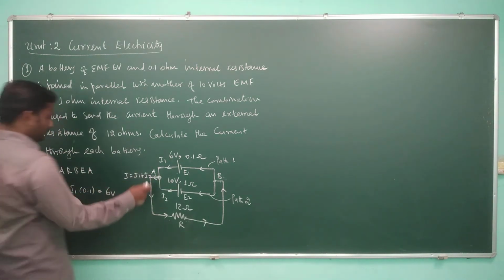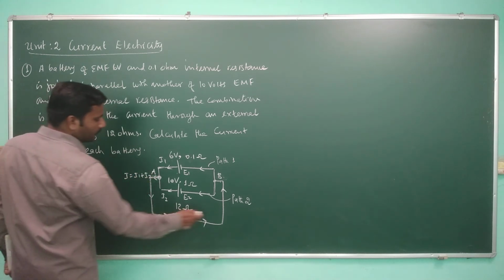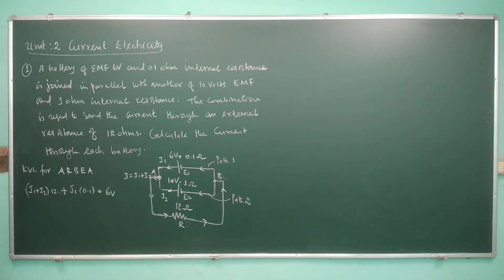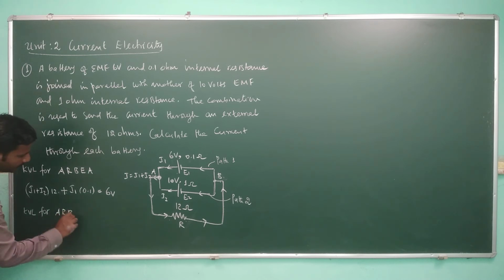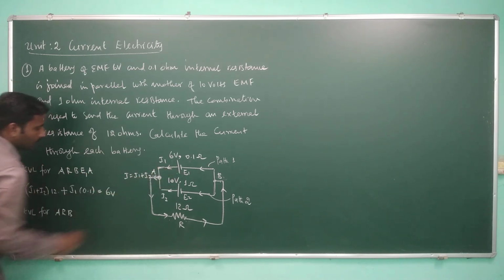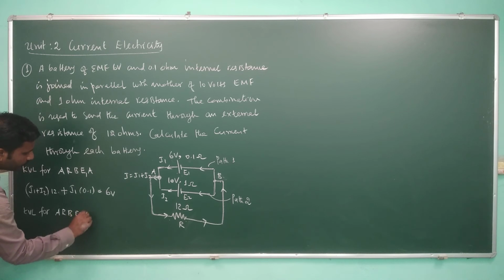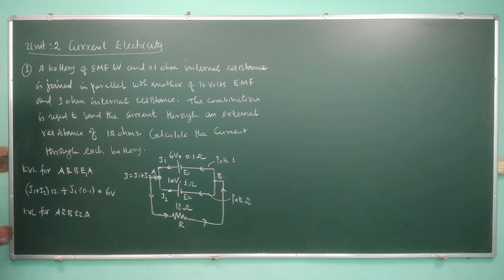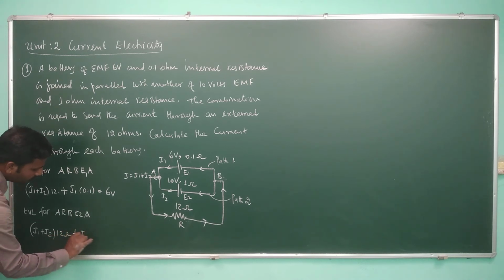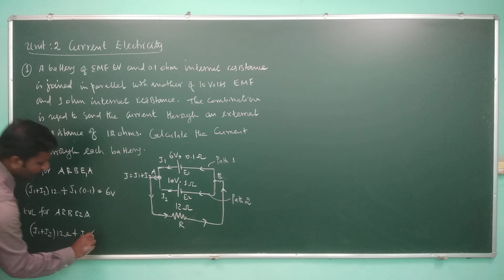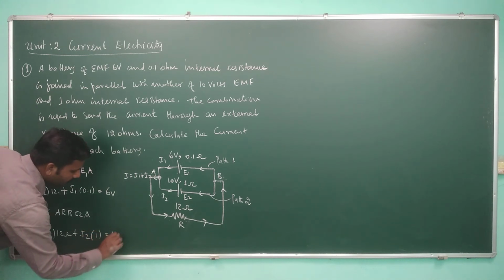And if you write Kirchhoff's voltage law for this loop, that is KVL for A, R, B, E1 on the top, E2, A, again this is nothing but I1 plus I2 times 12 ohms plus I2 times 1 ohm, which is equal to 10 volt.